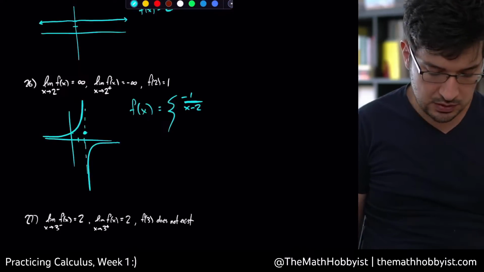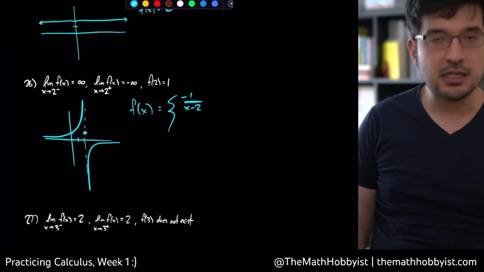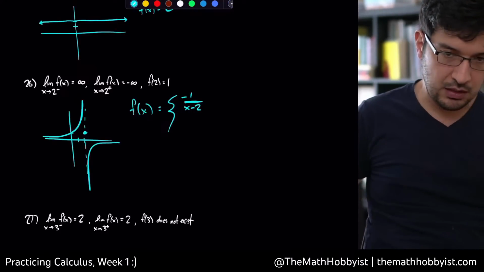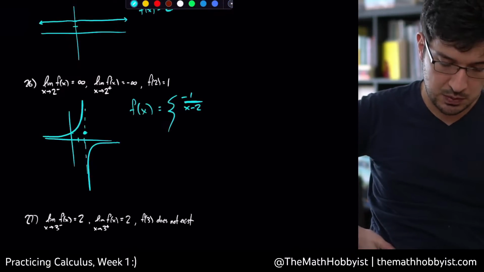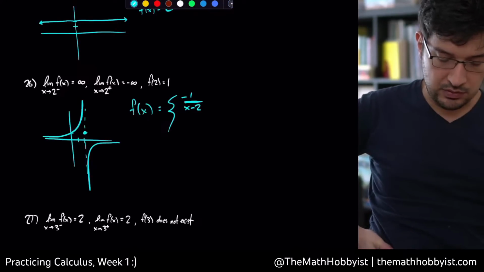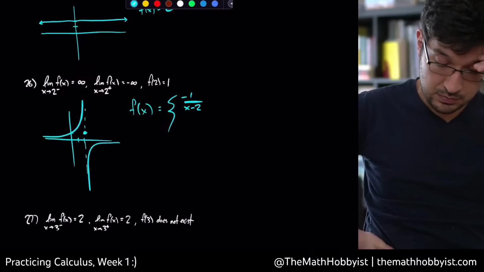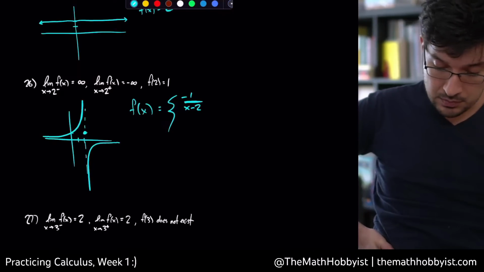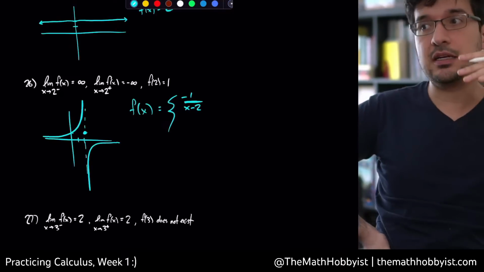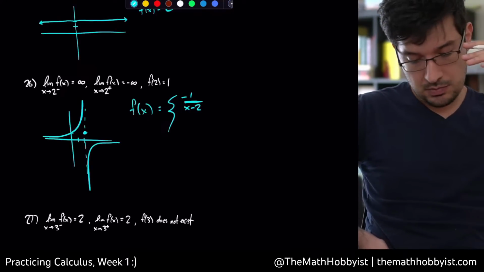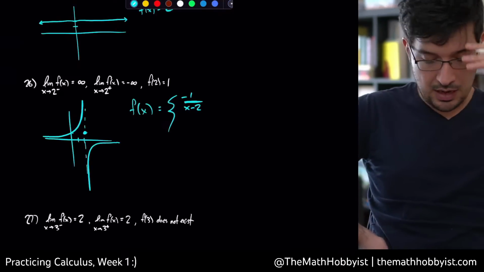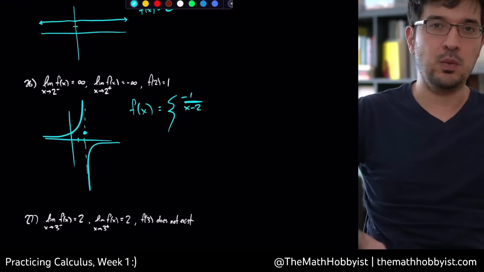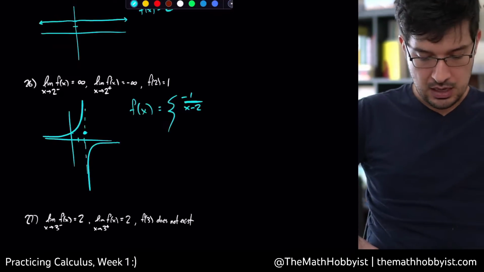At x equals 2, the denominator is 0. So when x is a little bit less than 2, the denominator is going to be negative. Think like 1.9 minus 2.